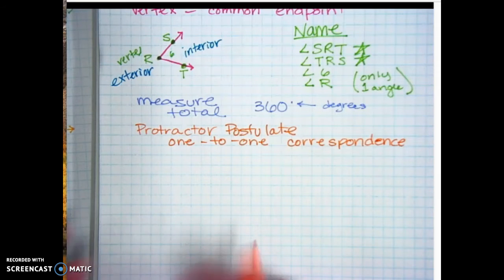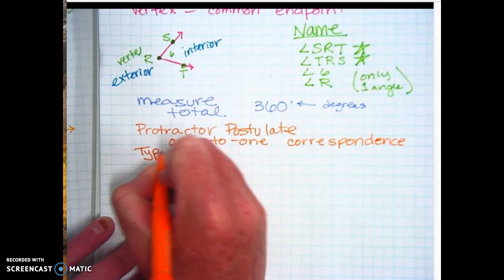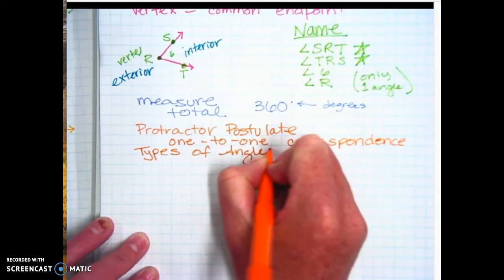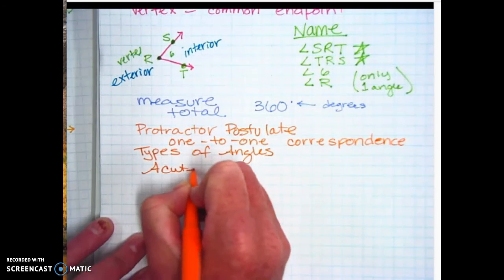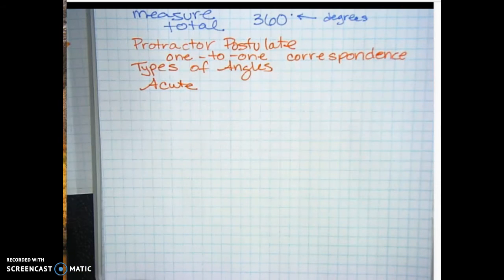Okay. And then let's talk about types of angles based on measurement. First one we're going to look at is called acute. So anybody know how many degrees an acute angle has? Well, 45 would be an acute angle, but there are others. 45 and lower, but it goes a little higher than that.